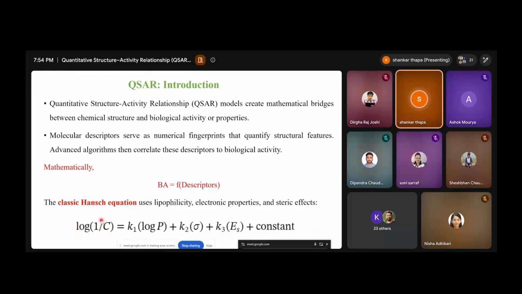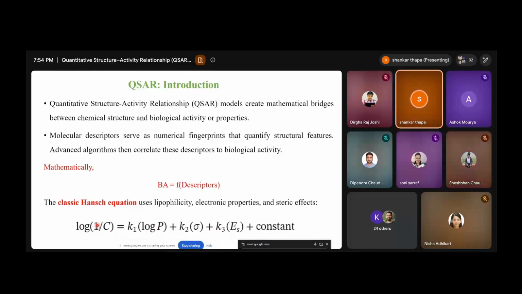So log 1 by C. Log 1 by C is considered as the biological activity. So this is the constants, and this is the log P value, so lipophilicity, and then this is sigma. This is the Hansch equation, and then this is Es, the steric effect, plus some constant. So if you add all these parameters, they contribute to the biological activity.